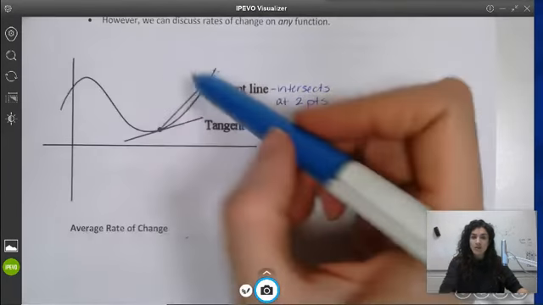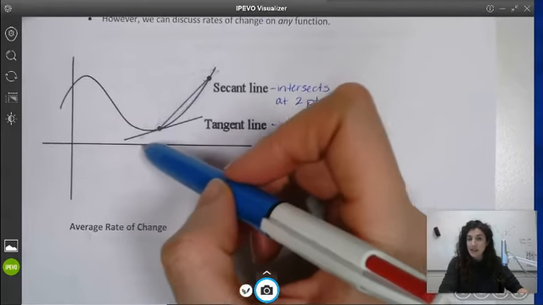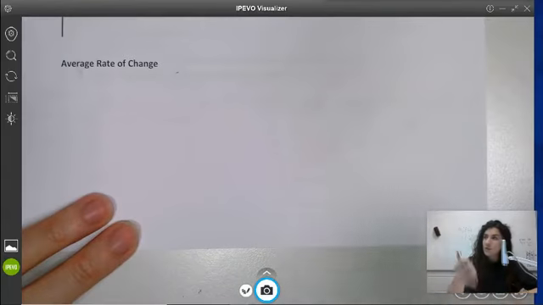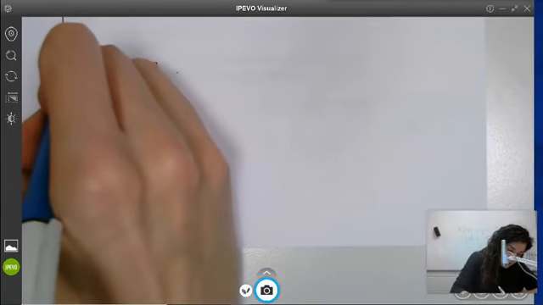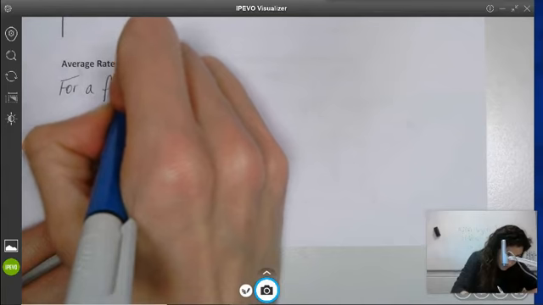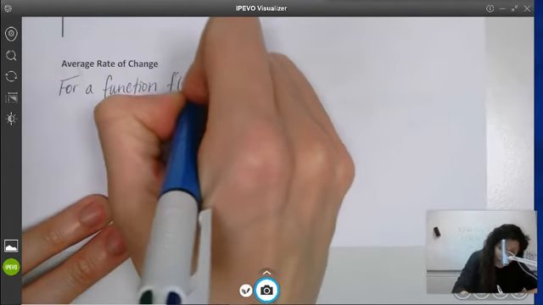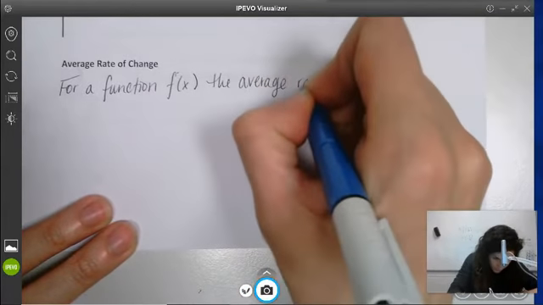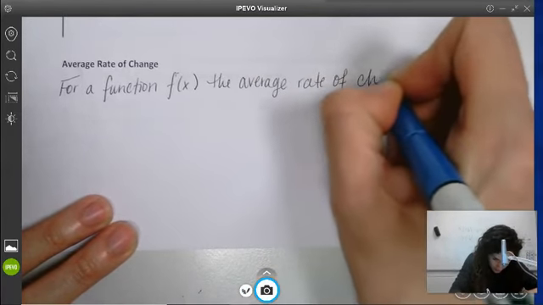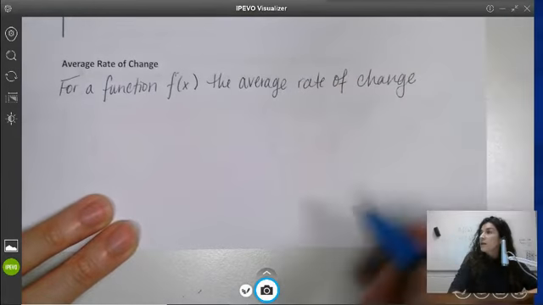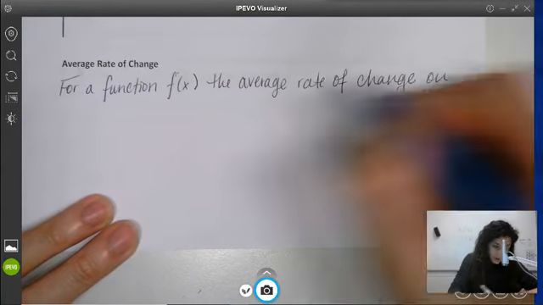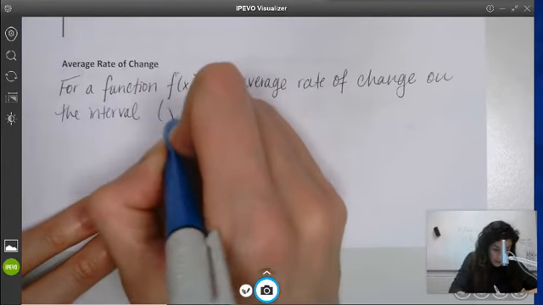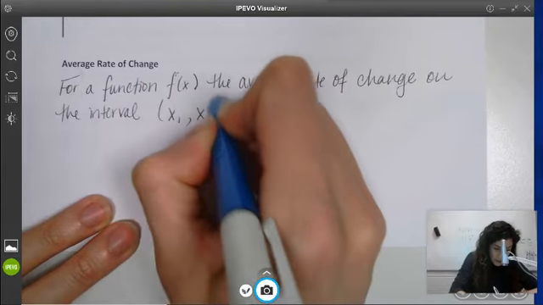So let's talk about finding your average rate of change using this idea of a secant line connecting 2 dots. The average rate of change, here we go. Are you ready? Get your pencils out. For a function f of x, the average rate of change on the interval x1, x2.